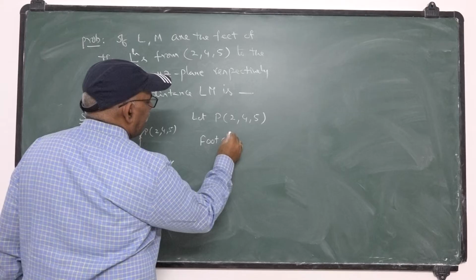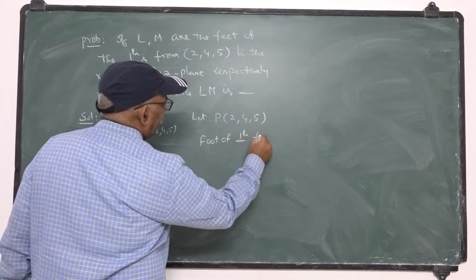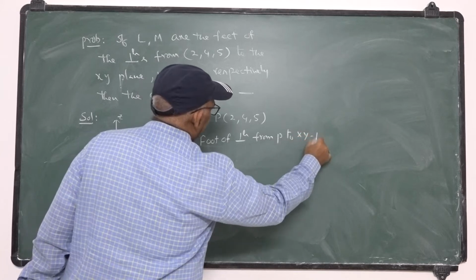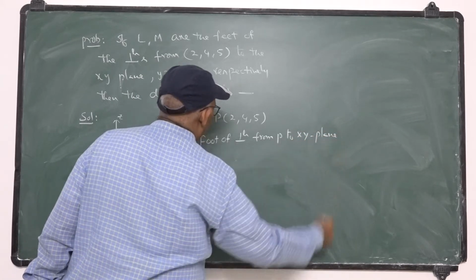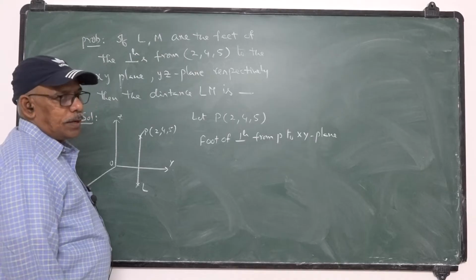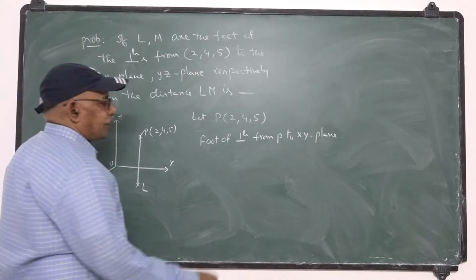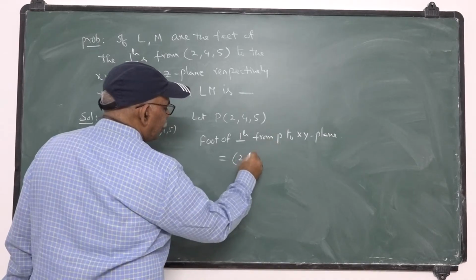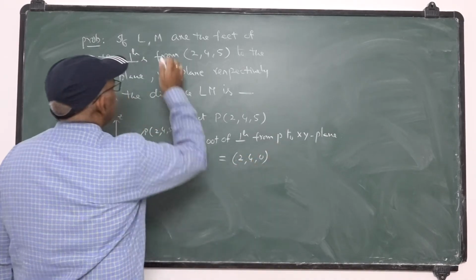Now the foot of the perpendicular from P to the XY plane: on the XY plane the z coordinate is 0, so it is (2, 4, 0). This is L here.